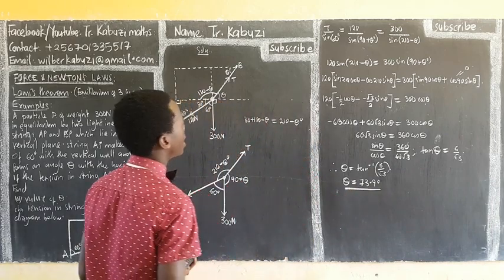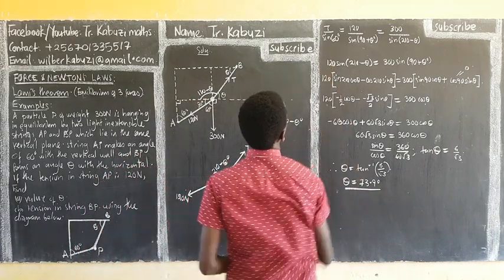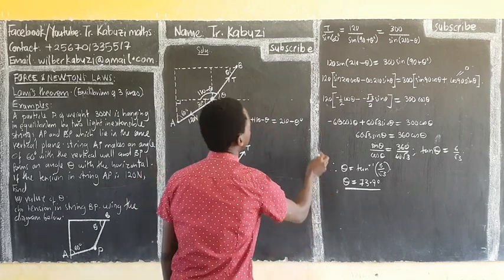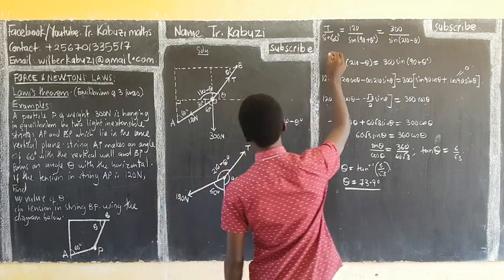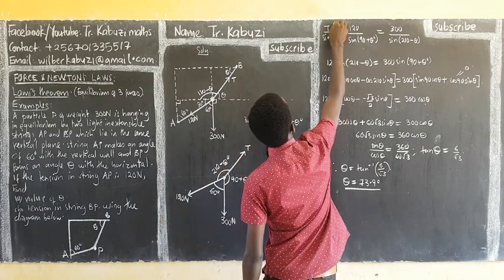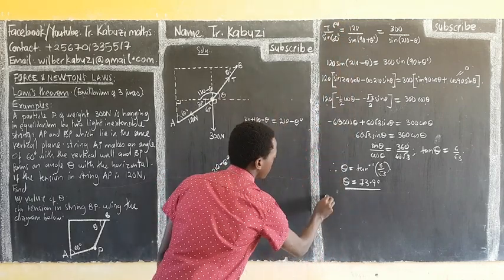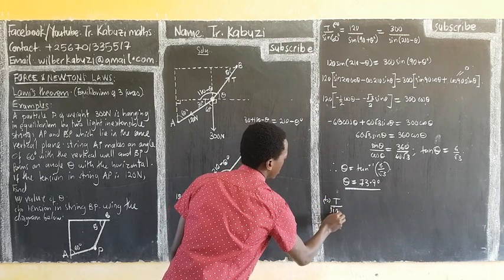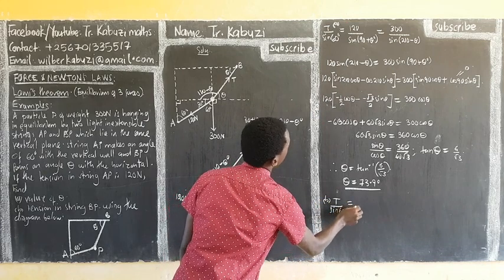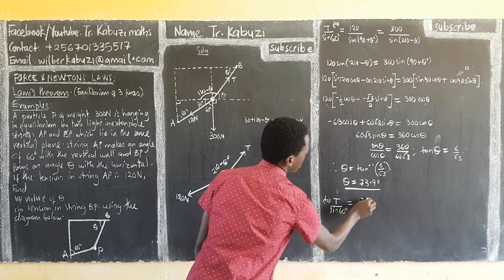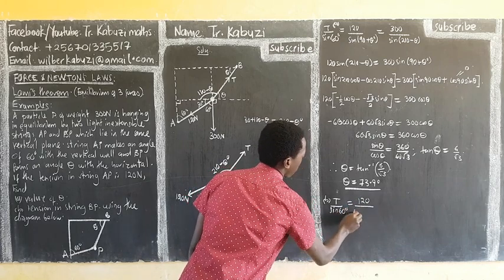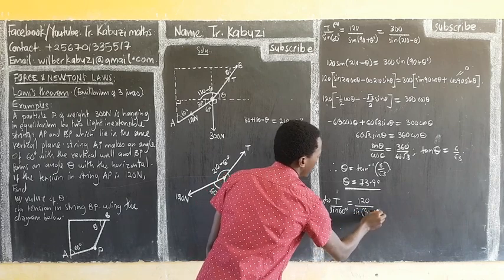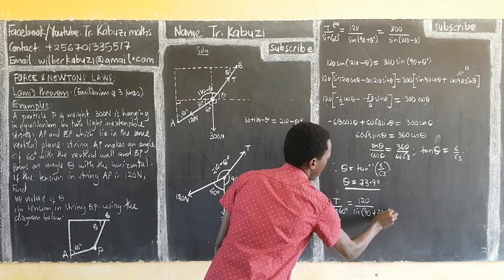So after getting that, now I think we can come and get our T. This was part A, then our part B: T over sine 60 degrees would be equal to 120 over sine of 90 plus 73.9.